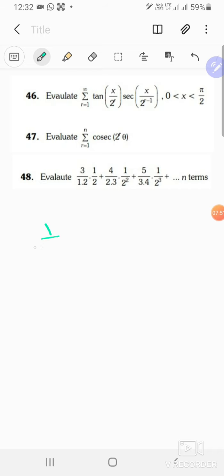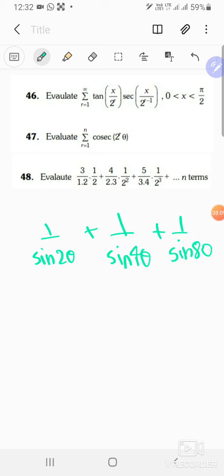We get 1 upon, when you put r equals 1, you just get sine of 2 theta. So 1 upon sine of 2 theta plus 1 upon sine of 4 theta plus 1 upon sine of 8 theta, and it keeps going like that.